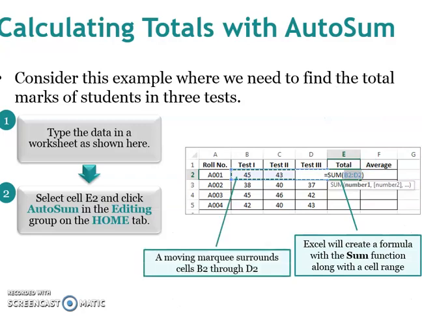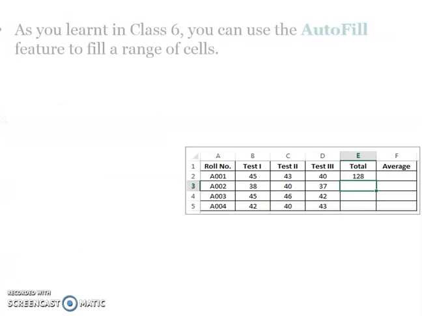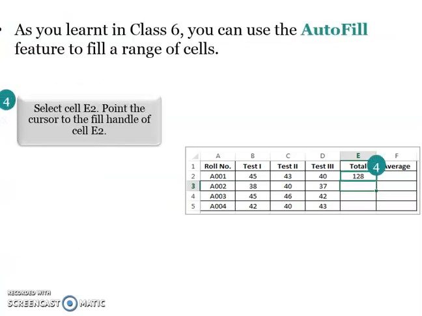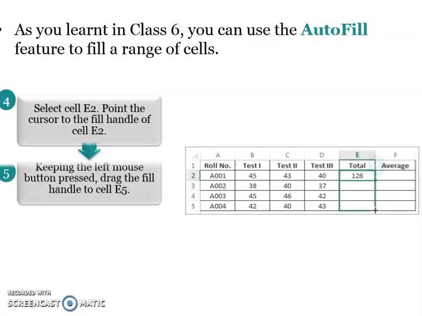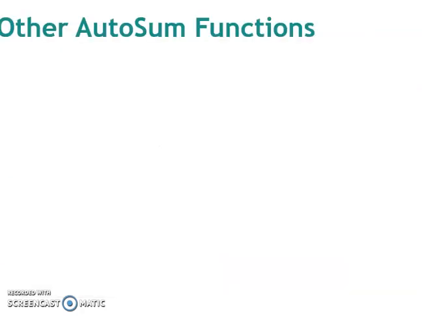Then the answer will be shown in your required cell. And you can also drag that formula to the required cell, the cell where you want the last value, so it will be copied by their cell references.